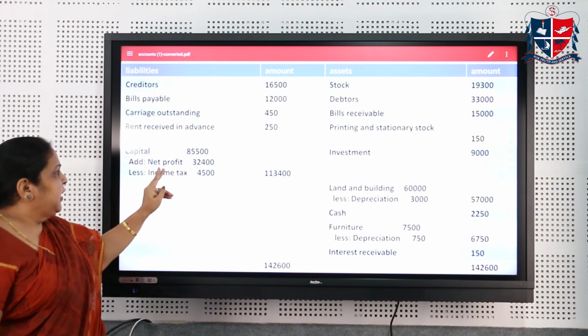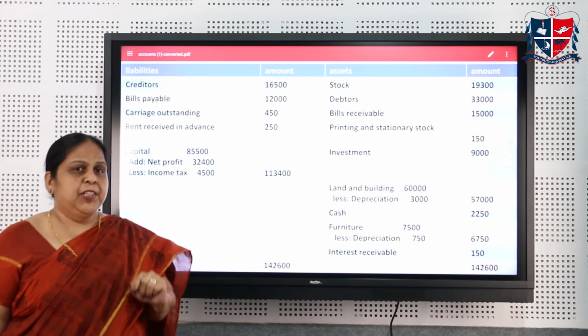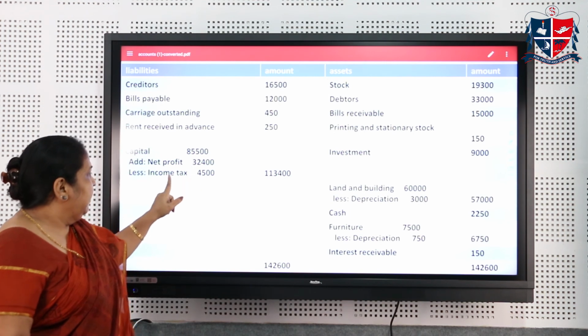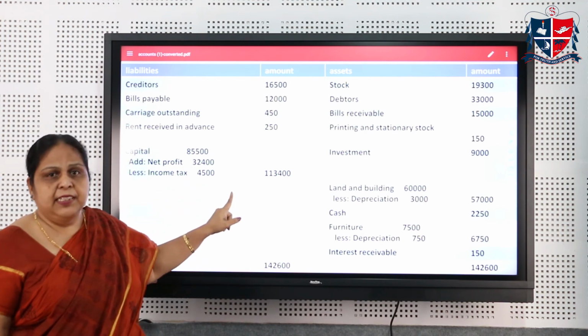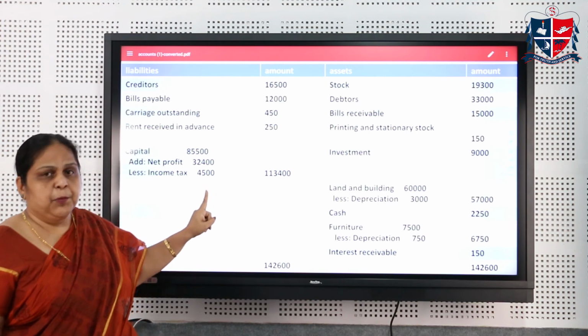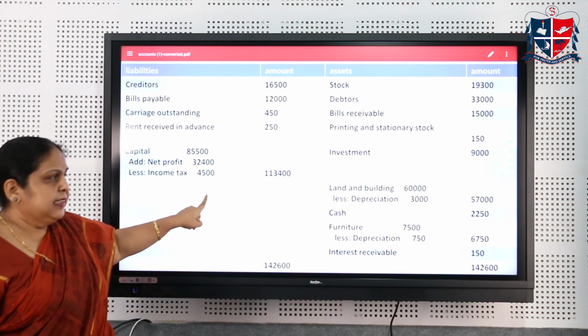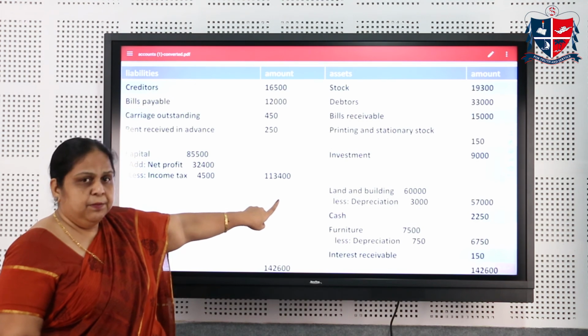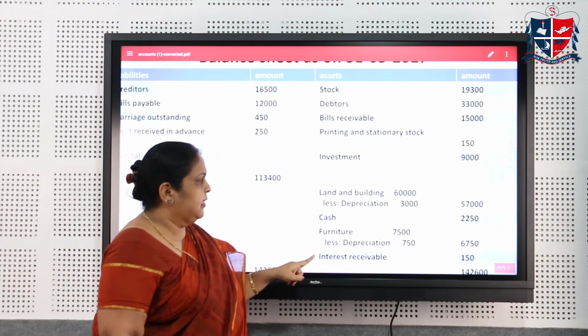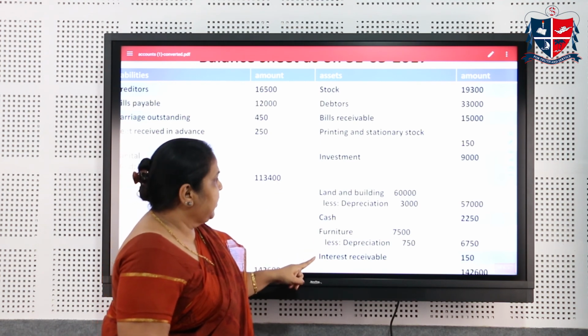Now, what do you do with the net profit? Net profit, you will add it onto the capital. Once you add it to the capital, the income tax has to be minus. Why? Because it is a personal expense of the proprietor. So you have to minus it and show it in the outer column. Again, you take the assets. All the assets are recorded on the asset side of the balance sheet.